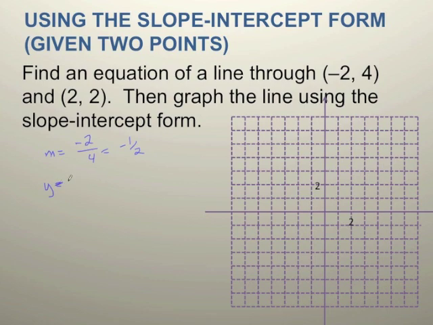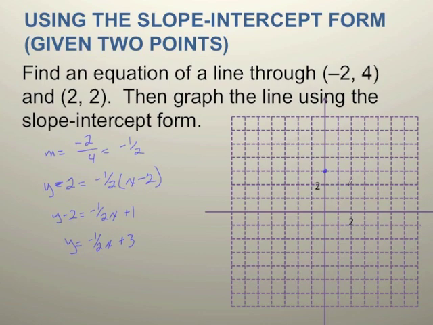y minus 2 equals -1/2 times x minus 2, using point-slope and this point. So y minus 2 equals -1/2 x plus 1, or y equals -1/2 x plus 3. Now I've got it in slope-intercept form, and the y-intercept is 3, and the slope is -1/2.